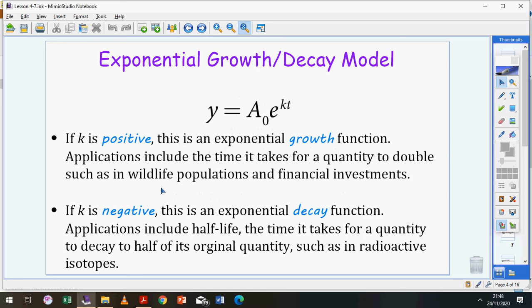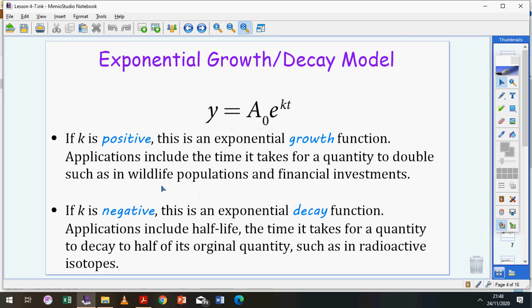He released 10 rabbits into the wild forest because he wanted to have some rabbits to keep. And before he knew it, the rabbit population had grown to over 10,000 rabbits in a very short space of time. So situations like that can be modeled using exponential growth or decay models, and financial investments can be modeled using this kind of model as well.